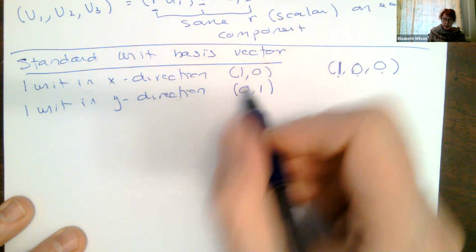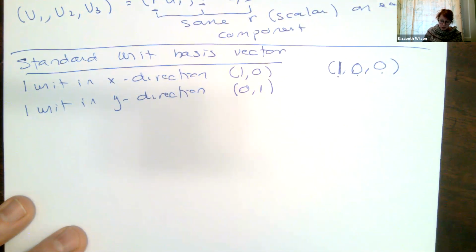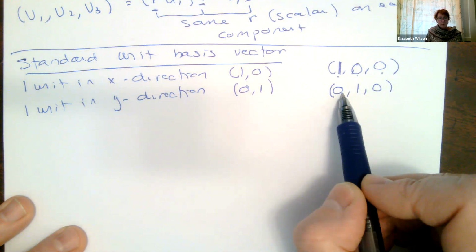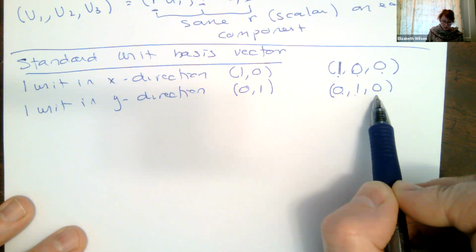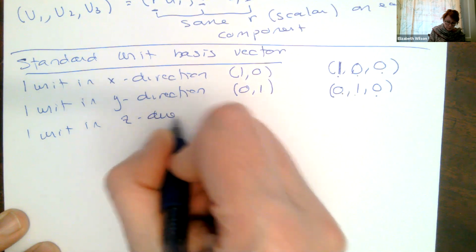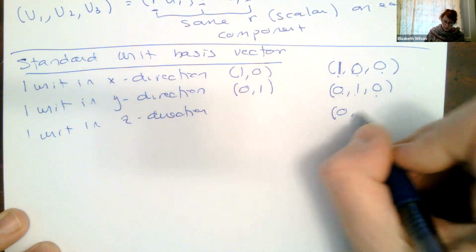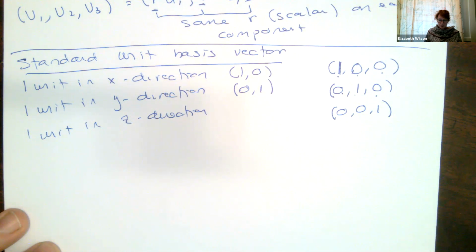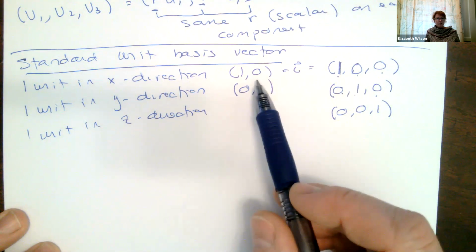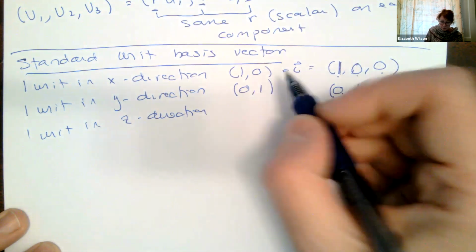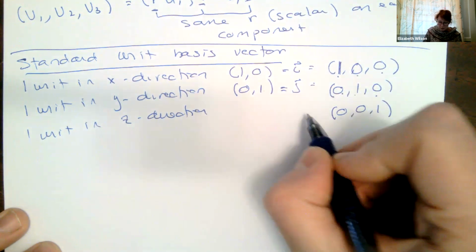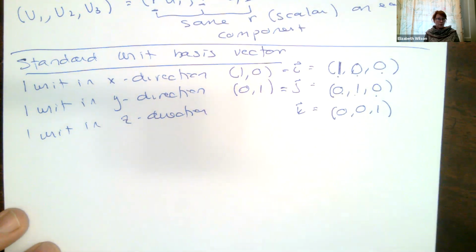So I've gone 0 units in the X and 1 unit in the Y. Or in 3-dimensional space, 0 units in the X, 1 unit in the Y, and 0 in the Z. If I go 1 unit in the Z direction, that's only in 3-dimensional space. These things are given letters. I as our unit basis vector for the X, J as our unit basis vector for Y, and K as our unit basis vector for Z.